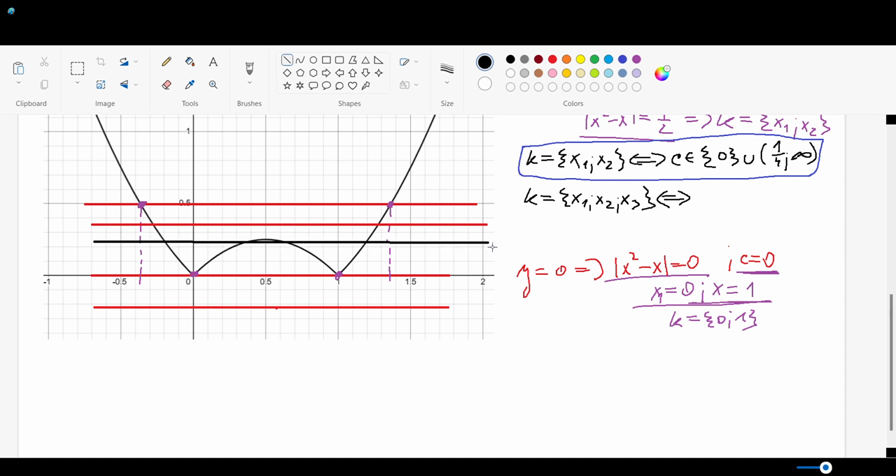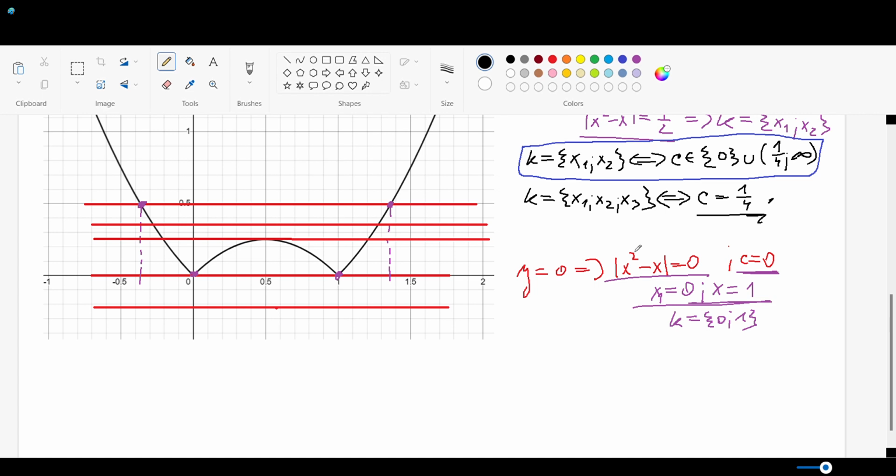This is gonna happen exactly in one case, and this case is when c is equal to 1/4 exactly. So our equation has exactly three solutions if and only if c is equal to 1/4.